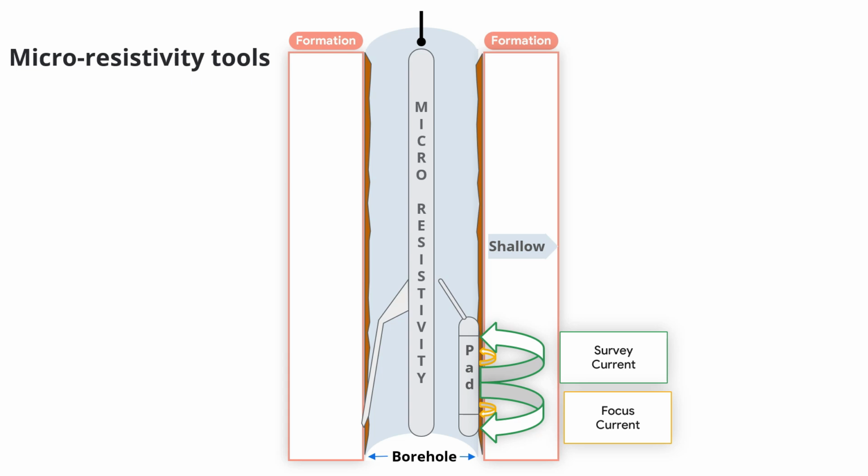Therefore, to make the injected current, called survey current, flow through the flushed zone, another current called focus current is injected. Something similar happens in the case of a lateral log, but keep in mind that whenever we talk about micro resistivity tools, our main focus is the flushed zone and the shallow measurements.